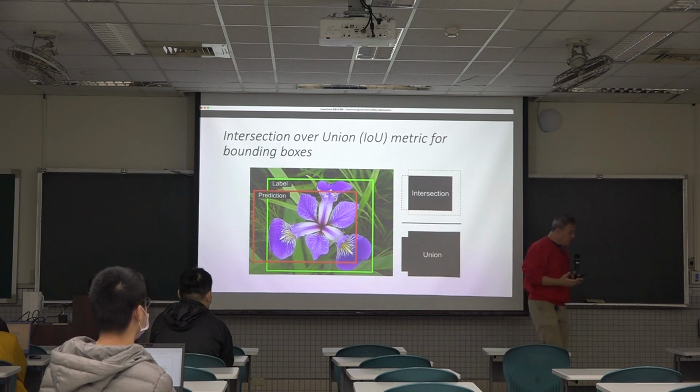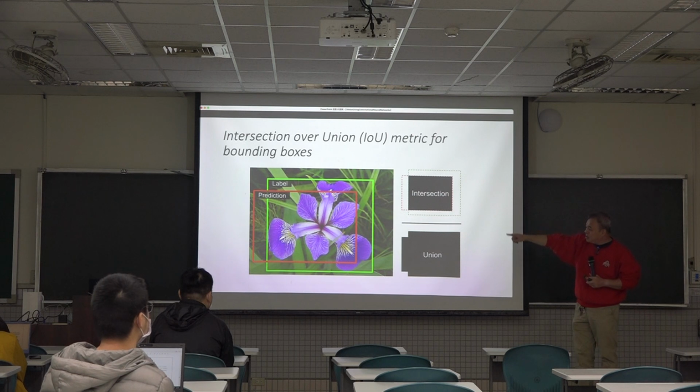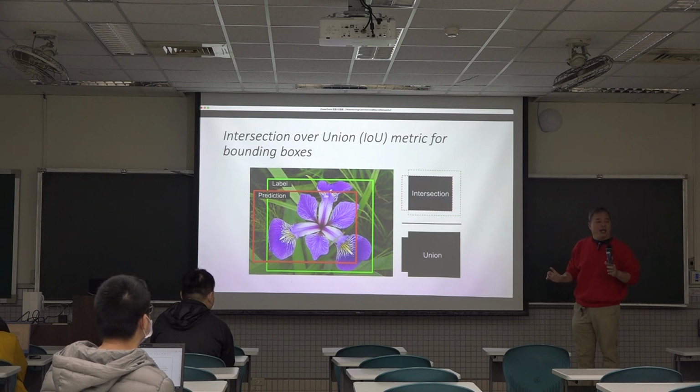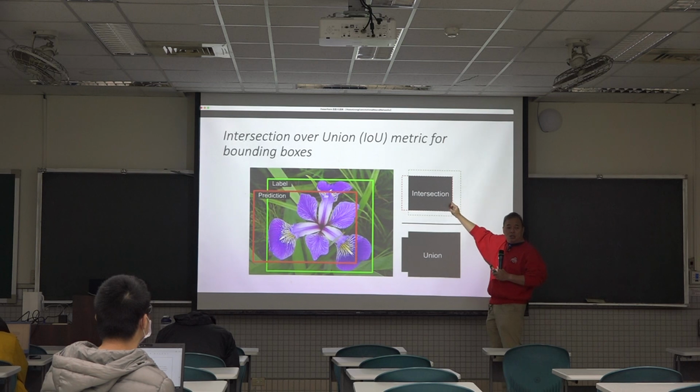The worst case is that your predicted bounding box doesn't intersect with the ground truth at all, then the numerator is 0 and the result will be 0.